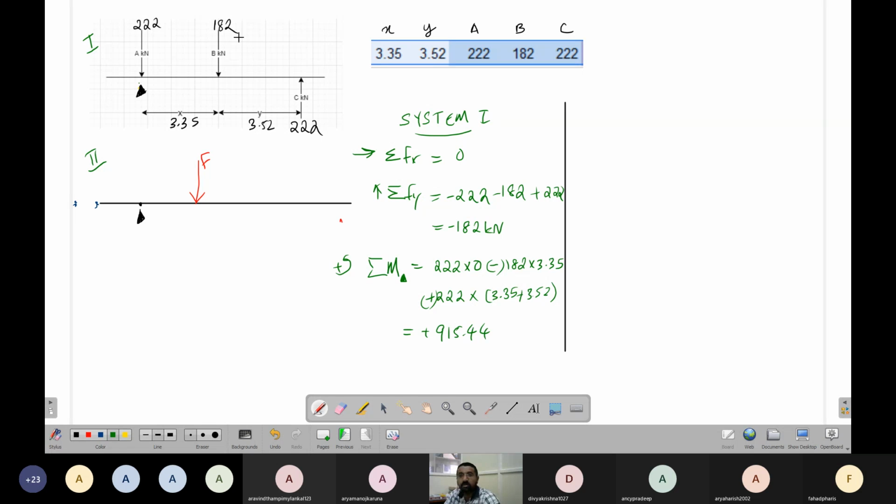So net is rotating in anti-clockwise direction. Rotating tendency. Okay. 915.44. Is it right? And there is a mistake on top. Okay. This is kilonewton meter. Now we'll consider system 2.